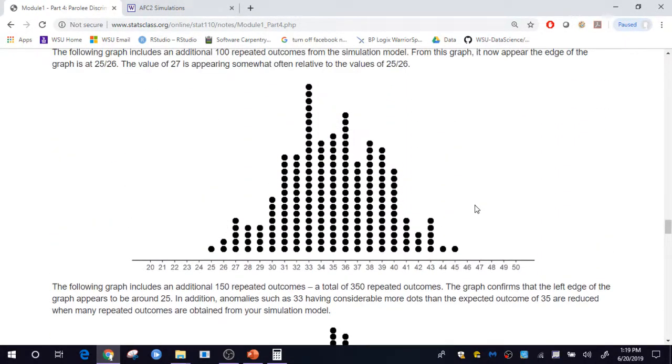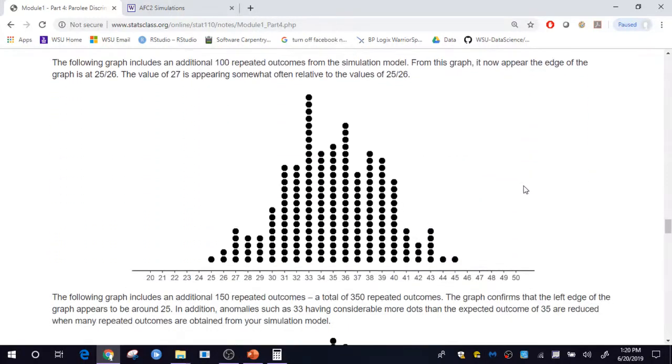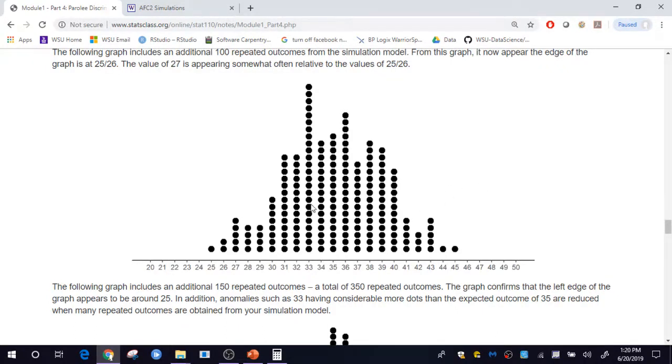Another thing that I'll point out is that some of these anomalies occur when I don't have very many simulated outcomes. So for example, 35 is the expected outcome and should be occurring most often. However, you can see out of these 100 dots, 36 was the value that actually occurred more often. When I did 200 dots, it looks like 33 actually occurred somewhat often.